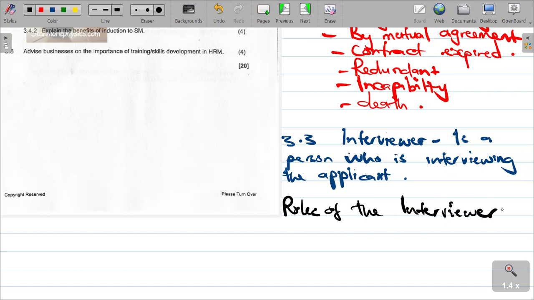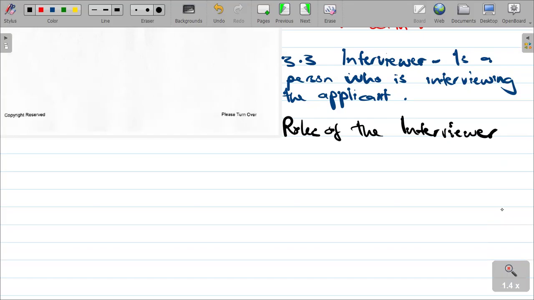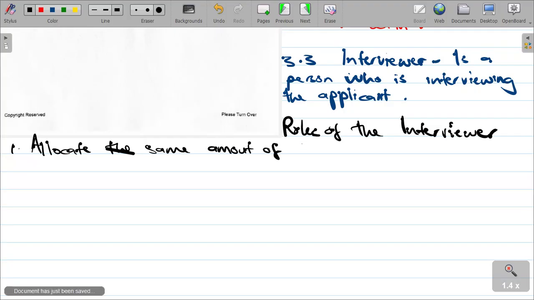The interviewer is supposed to allocate the same amount of time for each applicant or candidate.